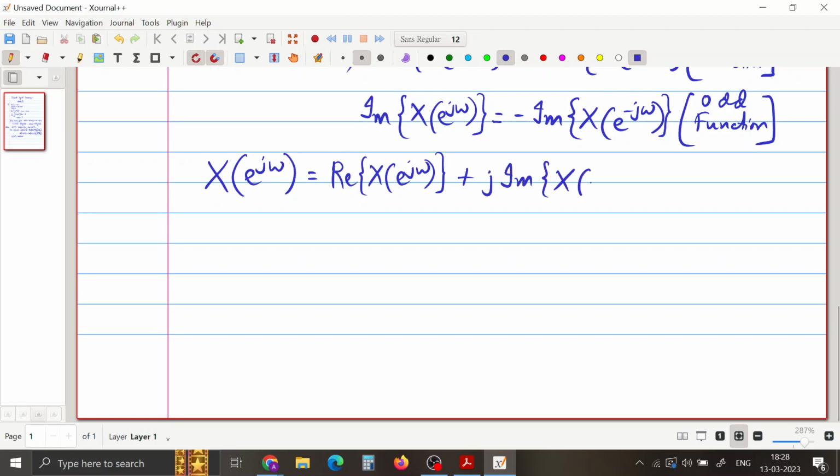Real part and imaginary part. Now if I simply just replace omega by minus omega, so we have e power minus j omega equals, and let me by the way label this first equation as equation 1.